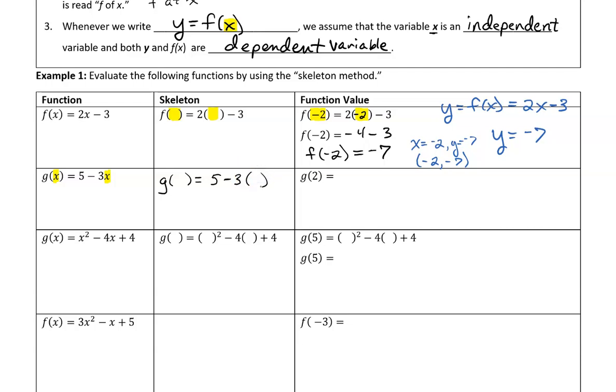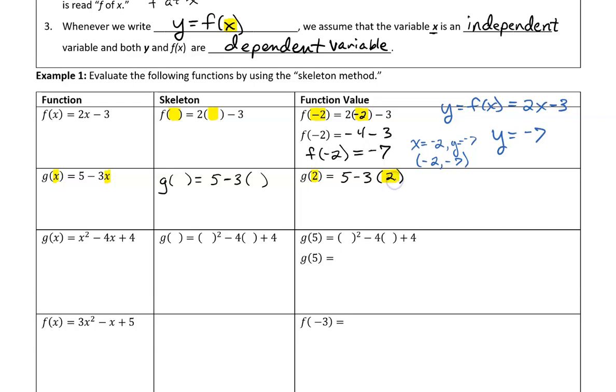So that's where I'm going to leave a space to plug in a number or another value. So then the last part of the table, we have g of 2 is equal to, got to figure that out. So I'm going to copy down my skeleton. g of x is 5 minus 3 times this blank spot. And in this case, we want a nice positive 2 into that blank spot.